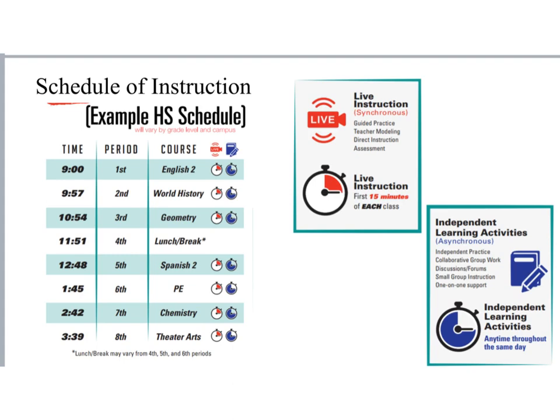For example, if this is your schedule on the left and you have chemistry 7th period, that means at 2:42 we're going to have live instruction for 15 minutes, until 2:57. That's for synchronous instruction.